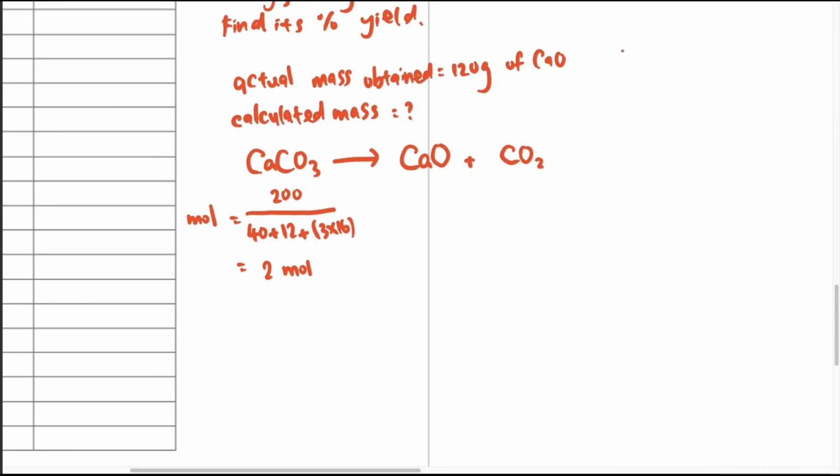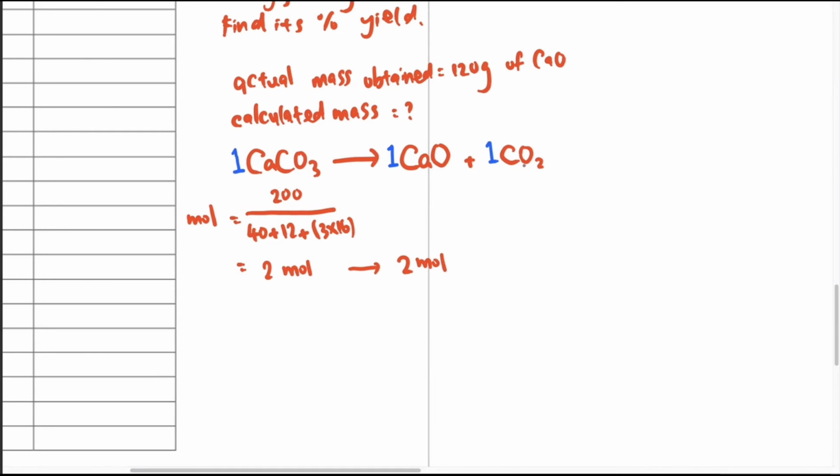Oh, so I get 2 mole. So if you have the mole, actually you can just use ratio. What kind of ratio am I saying? You look at the number in front, right? This is 1 calcium carbonate to 1 calcium oxide and 1 carbon dioxide. So the ratio is 1, 1. Okay, 1 to 1, same that means. So in other words, if we get 2 mole for calcium carbonate, we should expect to get 2 mole calcium oxide.